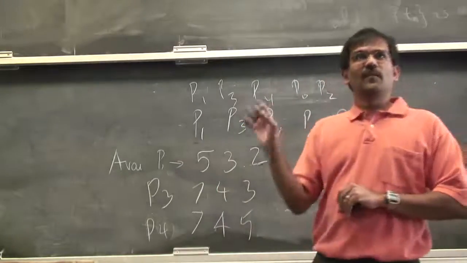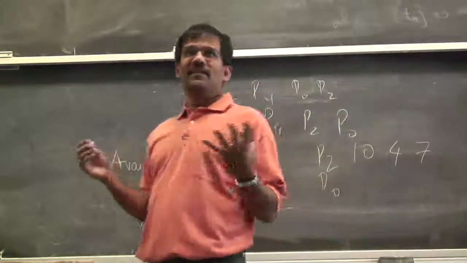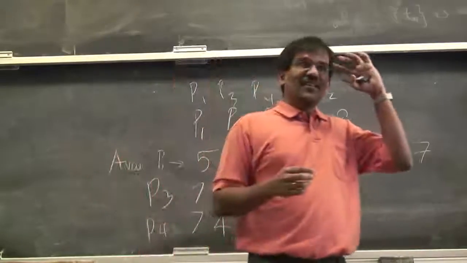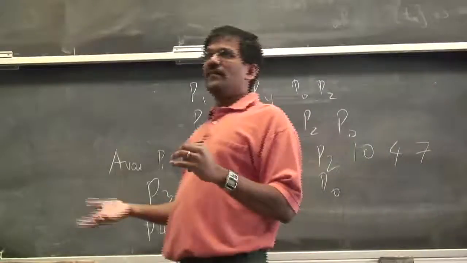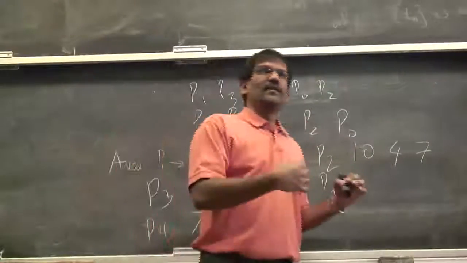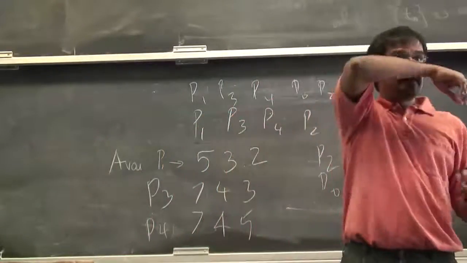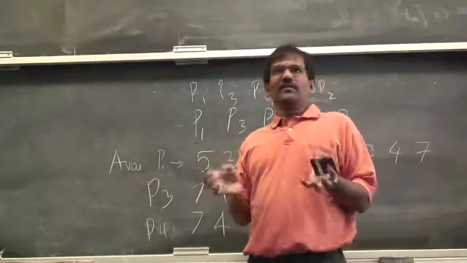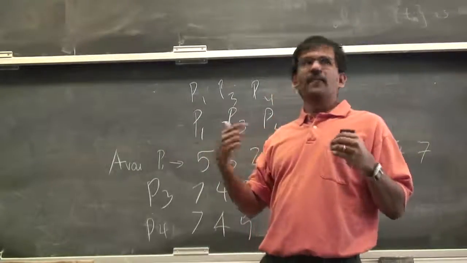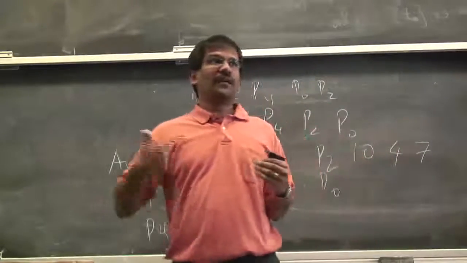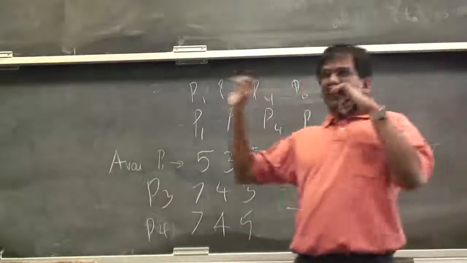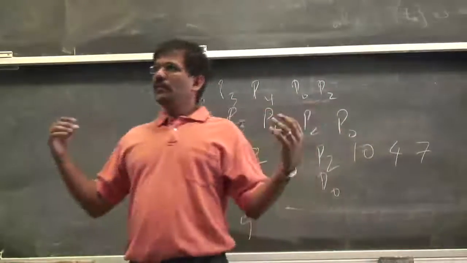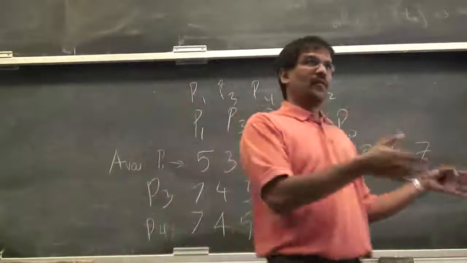I seem to have lost a whole bunch of people, but at least the takeaway message is that trying to figure out whether the system will enter into a deadlock is not a trivial thing. If it's hard for us to understand off the top of the head, for the OS to do it on the fly is not a trivial task. And we are talking about an algorithm which tells you precisely how much resources it wants upfront.